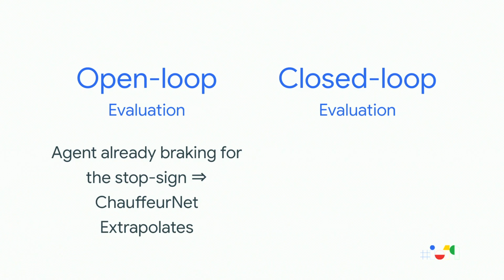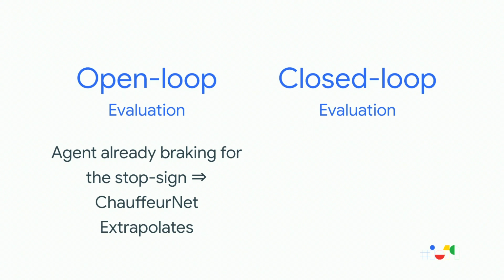If you consider what's happening in most of our training data, we find that most of our training data has past motion profile, which is already braking for the stop signs. So the agent is already braking for the stop signs when it comes into its field of view. Because of that, the net doesn't actually learn that it has to slow down for a stop sign.